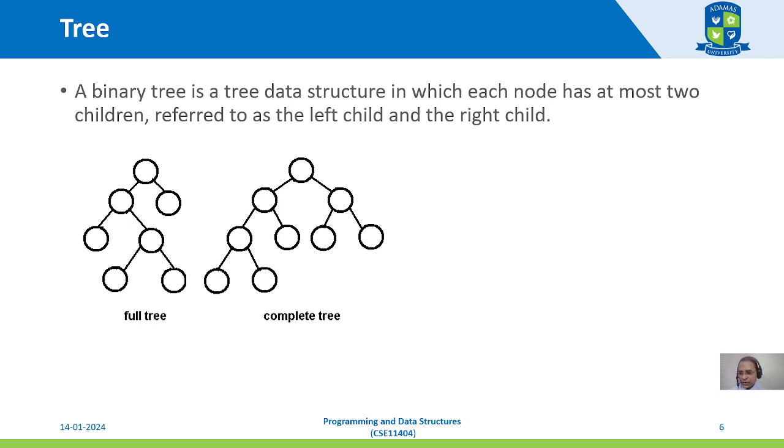But in the case of the full tree, the left node is blank. So when we call a complete binary tree, we look at the part where the left node is completed.